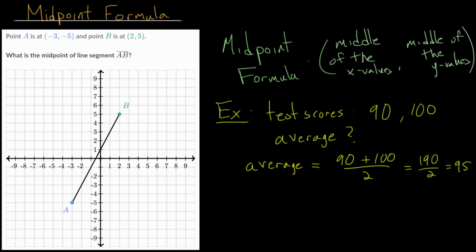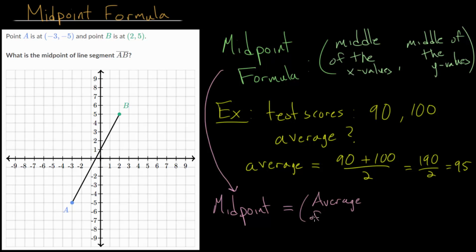So we can update this midpoint formula using the average rather than this vague idea of middle. We can say that the midpoint is equal to the average of the x values, and that will be our x-coordinate. And our y-coordinate will just be the average of the y values.